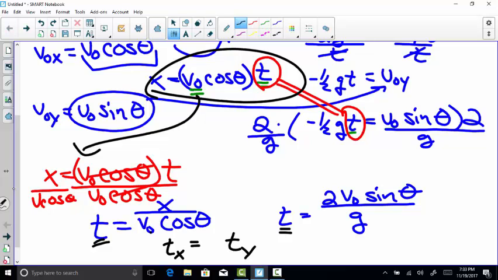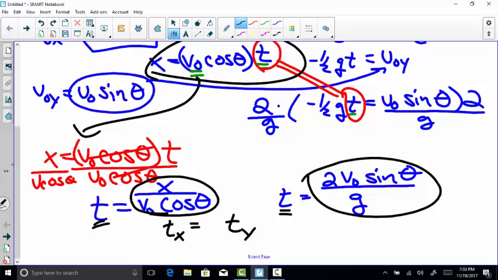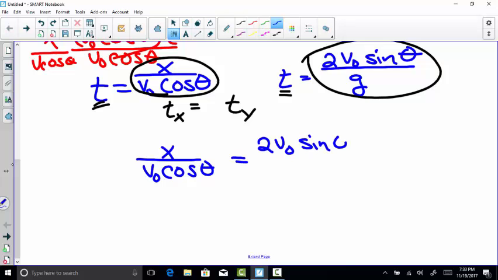So that means this equation is equal to that equation. I'm going to set those two equations equal to each other. So now I have x all over v initial cosine of theta equals 2v initial sine theta divided by g.